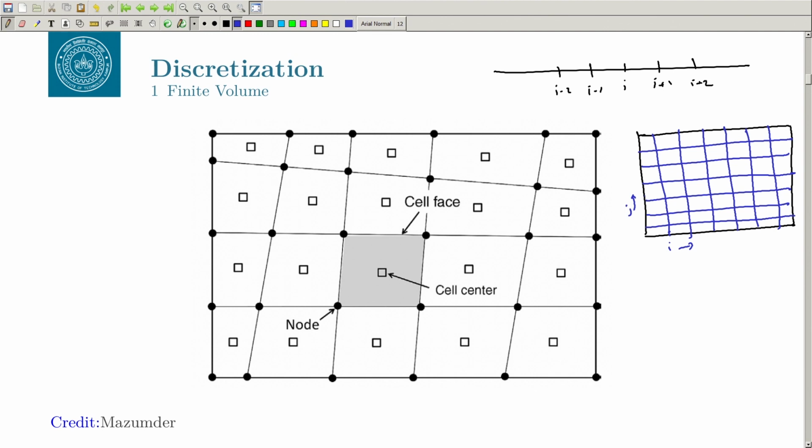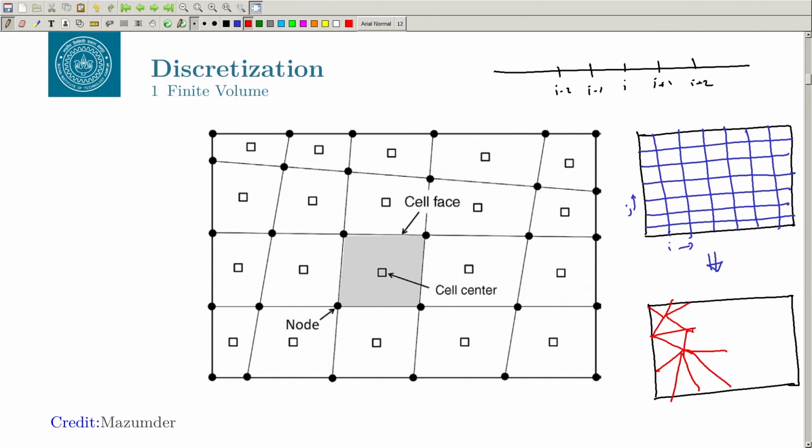What if I want to put a very complicated domain here, right. Or let us say on the same domain you are putting a very complicated grid. Let us say I want to use a grid which is something like this. Of course, they have to connect to the boundary.